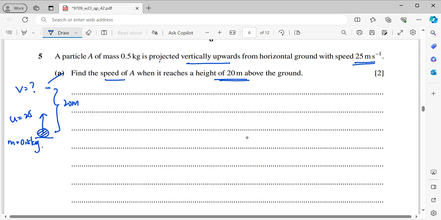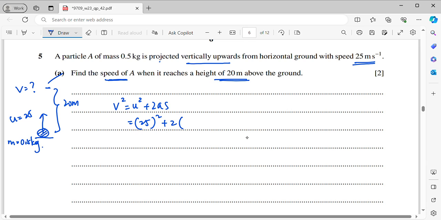So for this case, I can just use V squared equals U squared plus 2AS. The V is unknown. The speed of A when it reaches 20 meters is the V. So the U is 25, then you square it, plus 2A.